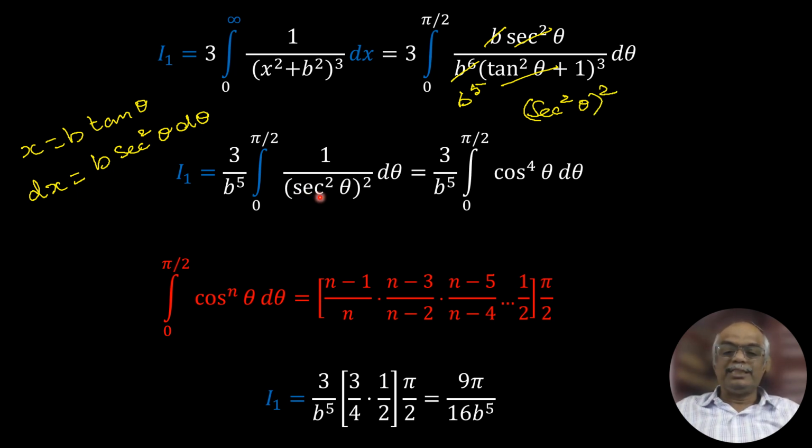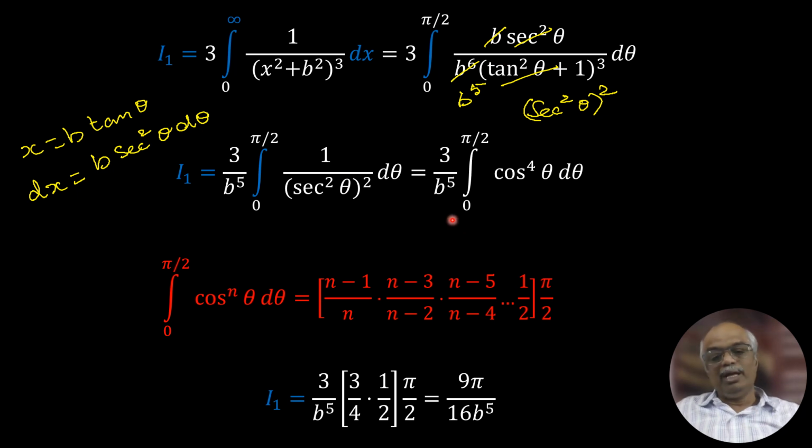So this is secant power 4 theta, which can be written as cos power 4 theta d theta between the limits 0 to pi by 2. How this changes to 0 to pi by 2, I have already explained: when theta is pi by 2, tan theta is infinite, because it is sin theta by cos theta.